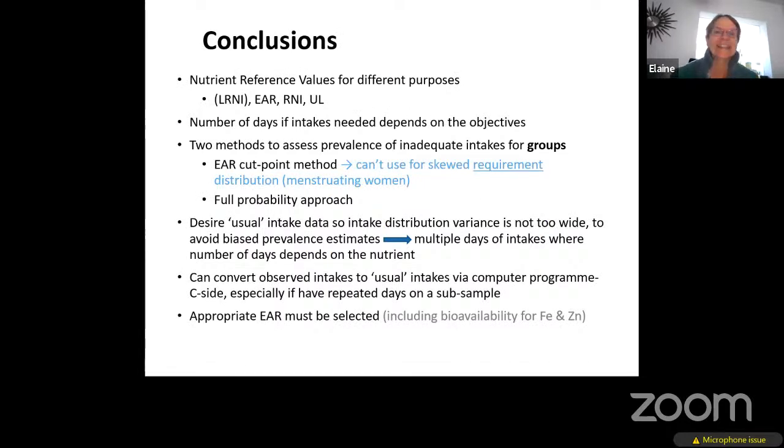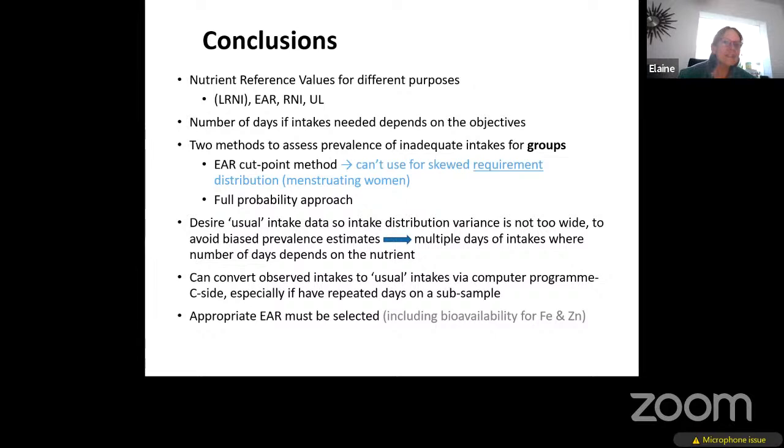So conclusions then, the nutrient reference values are used for different purposes. The lower recommended nutrient intake levels basically aren't used very much, other than if you're doing diet counseling, because if an individual's intake was at that level, you'd be almost certain that it was inadequate. So you'd be wanting to improve it. The estimated average requirement is used when we're trying to estimate the percentage of a population at risk of inadequate intake using either the EAR cut point or the probability approach.